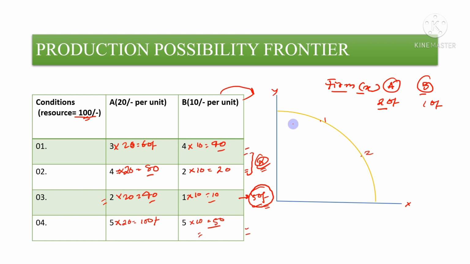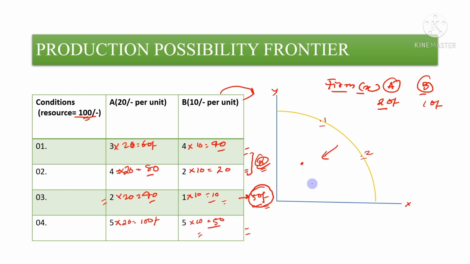Anywhere on this arc we can find the conditions where the firm has utilized all the resources. And for the example where they produce a lesser amount of product than the resource they have available, this condition 3 will lie somewhere inside this arc towards the origin.